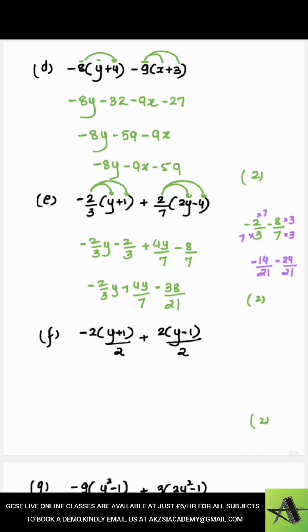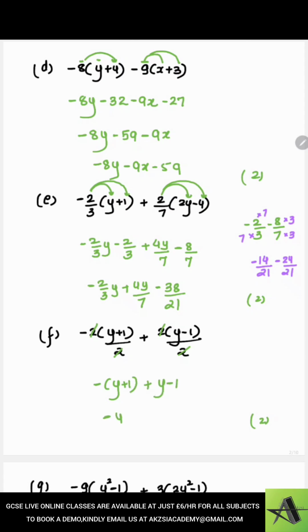Moving on to the next one, it's the same. It's minus 2 times y plus 1 over 2 plus 2 times y minus 1 over 2. First thing is that I can cancel out 2 right here. 2 and 2 are common, and 2 and 2 are common. Remaining is minus y plus 1 plus y minus 1.